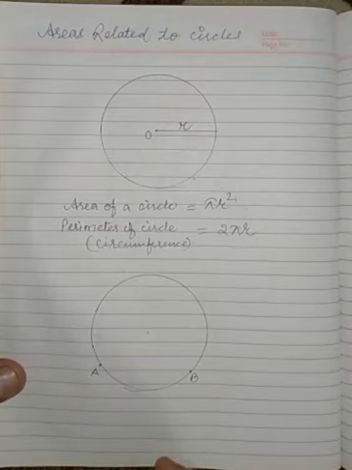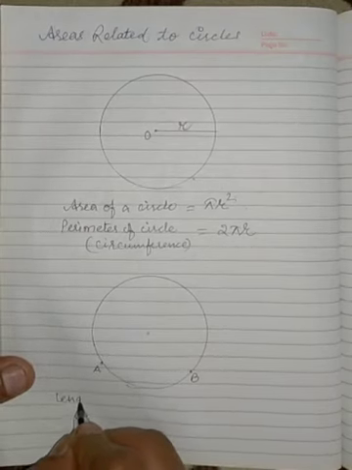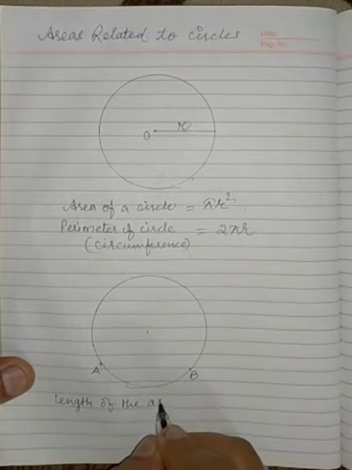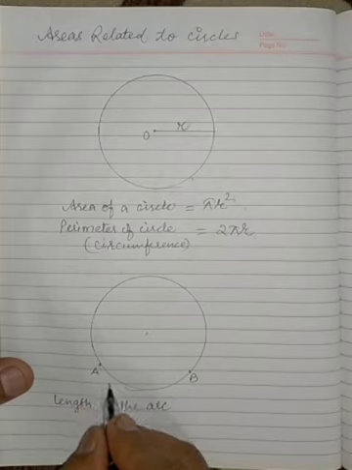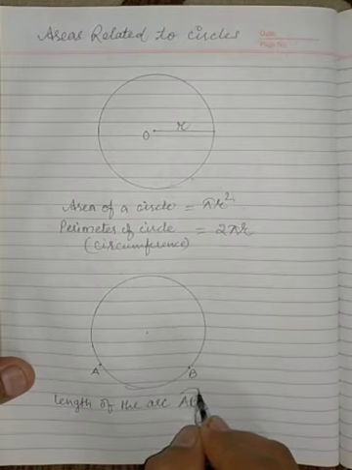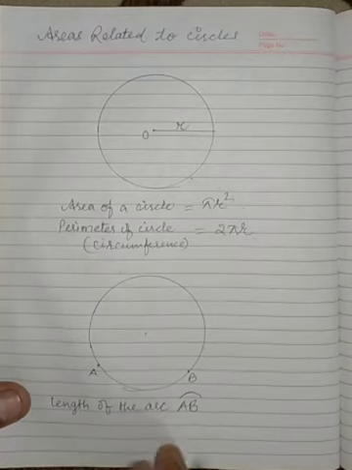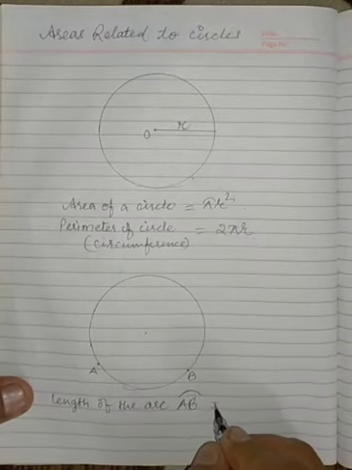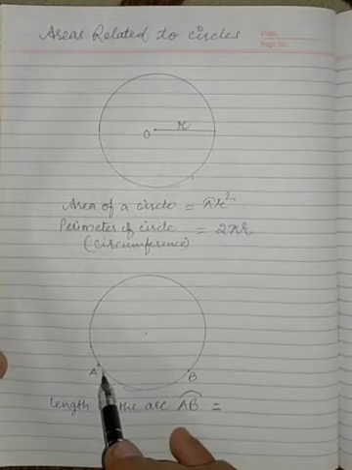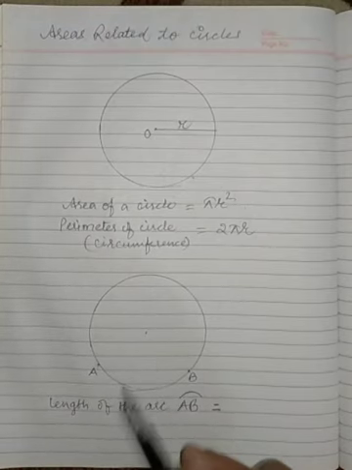Okay? So here we can get the formula for the length of the arc. This time the points we have taken are A and B, so we will say it is the length of the arc AB, with a curve upon them. So the length of arc AB is equal to, to derive the formula, first we will see how much angle this length of arc makes at the center.